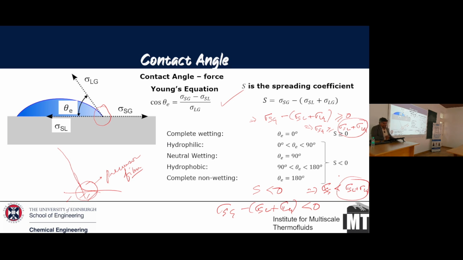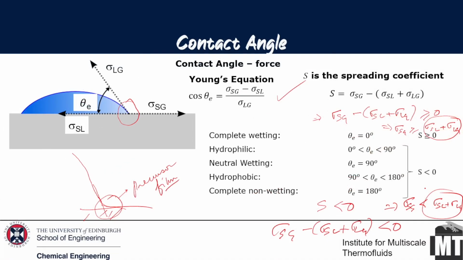Now you can have various interesting combinations, because you already have a relationship between sigma Sl and sigma Lg with respect to contact angle. Depending upon the contact angle configurations, you can have a somewhat hydrophilic substrate with a contact angle less than 90 degrees, but if you have a hydrophobic substrate, you will have more than 90 degrees, and so on.